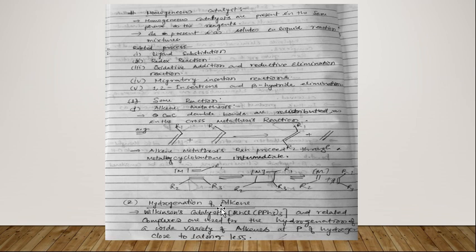So hydrogenation of alkenes by using the Wilkinson catalyst, RhCl(PPh3)3, and related complexes are used for the hydrogenation of a wide variety of alkenes at 1 atm or less.